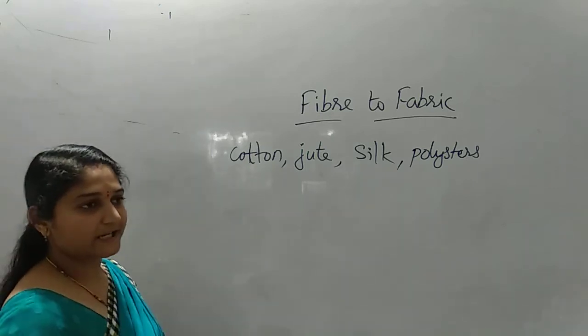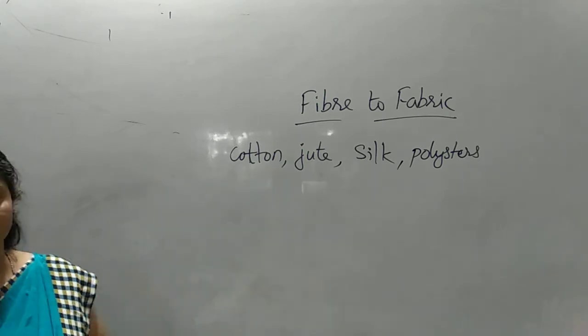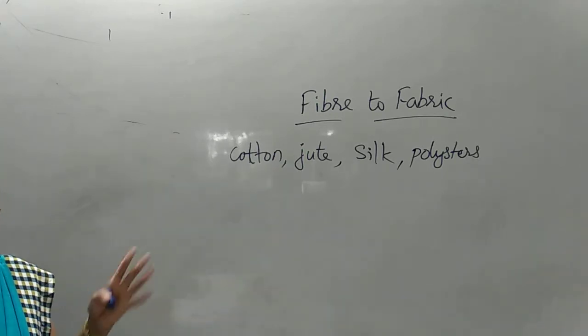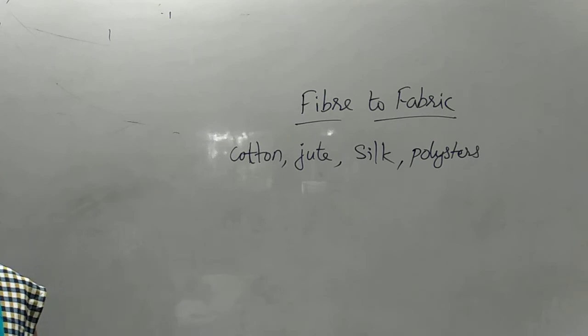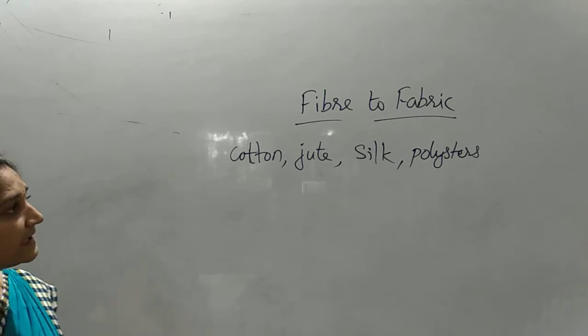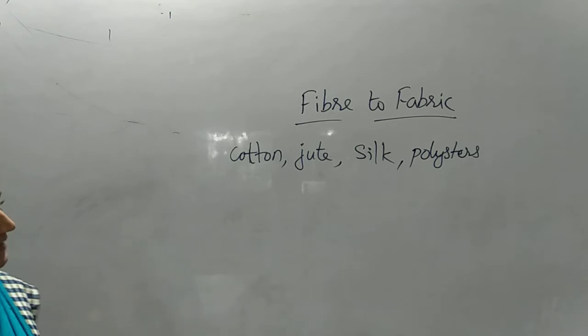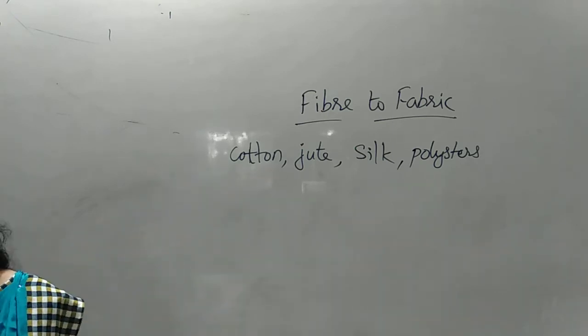Some materials are made of cotton, some are made of jute, and some cloths are made of silk, right? Okay, the different varieties of materials are there. And here, how are these materials extracted, where are we getting these materials?